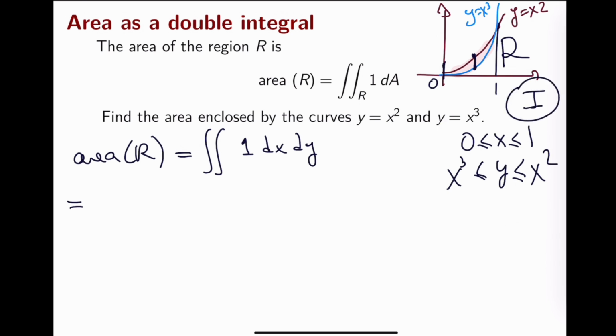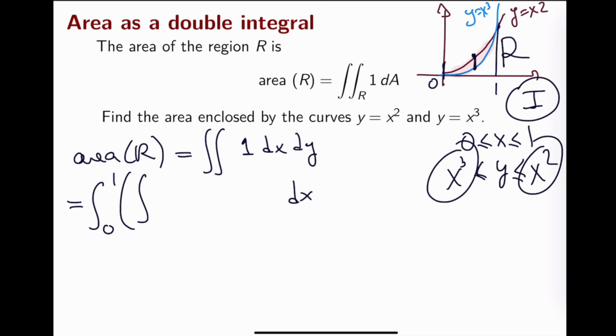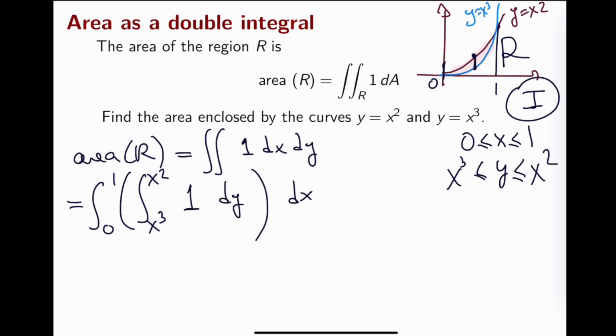we are going to calculate this integral as the integral between 0 and 1 dx, right? So the x will be the outer integral, and inside we are going to put the integral between x cubed and x squared, of just the function equal to 1 dy.